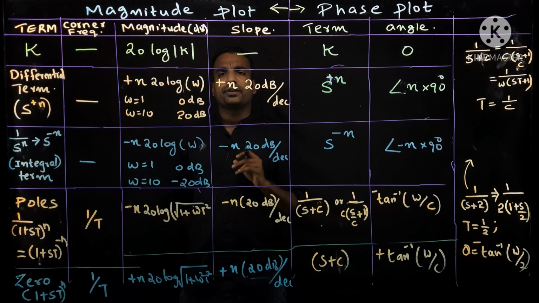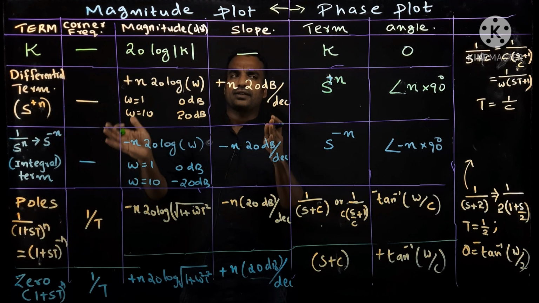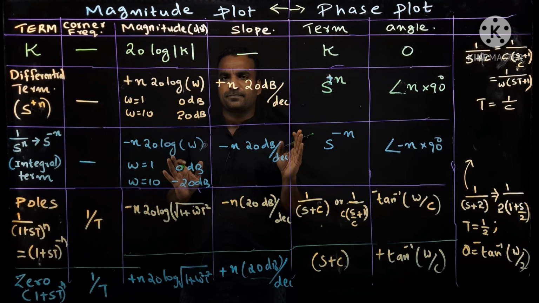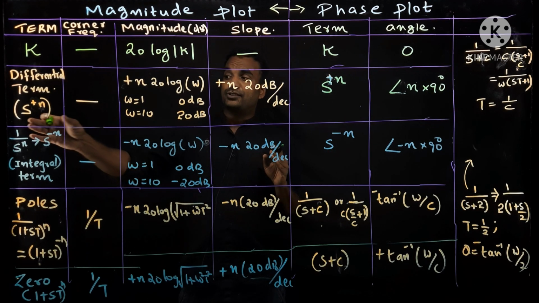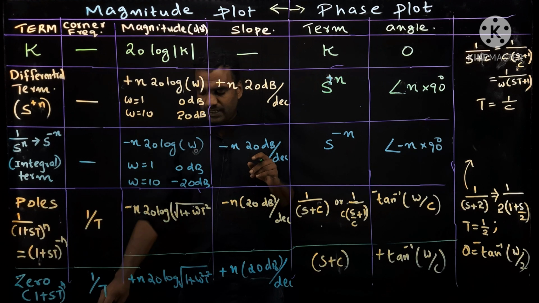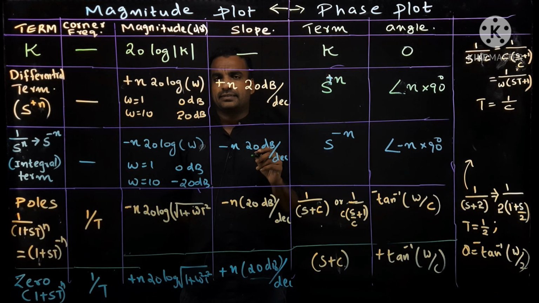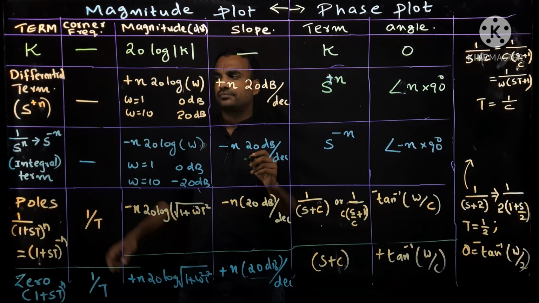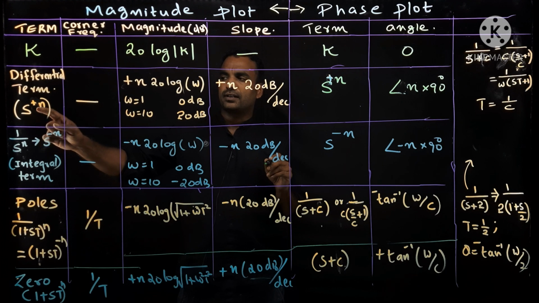What we are actually doing here is splitting the S term into magnitude and phase or angle portions. Actually, what is S? S operator is nothing but j omega. So this term is actually (j omega) raised to plus n.